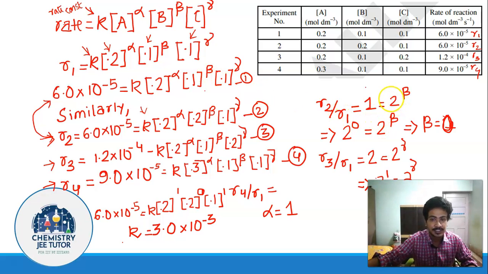That's what I have written. It's coming out to be 2 to the power beta, because 0.2 by 0.1 is 2. So now you can write 1 as 2 to the power 0, because anything to the power 0 is 1. So 2 to the power 0 is equal to 2 to the power beta. That's how beta equals 0. Now we have determined the value of beta.